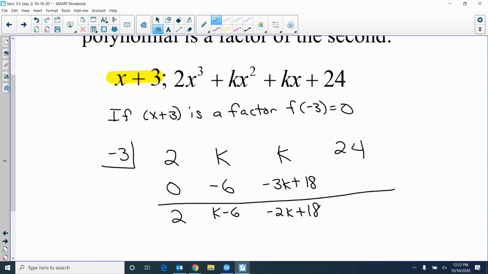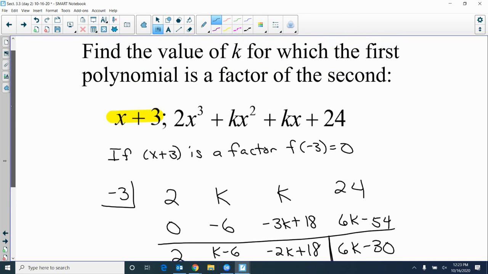All right, what do I do with that? Multiply it by negative 3. So negative 3 times negative 2k is 6k. Negative 3 times 18 is minus 54. All right, what do I get when I add those together? 6k minus 30.